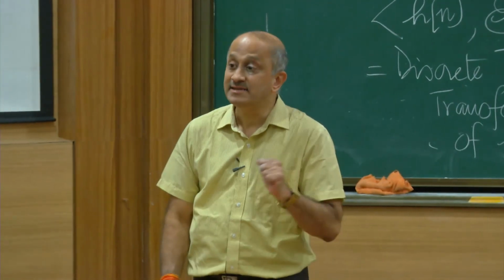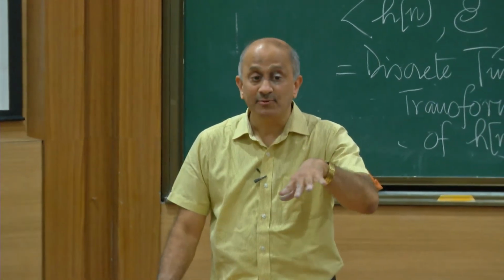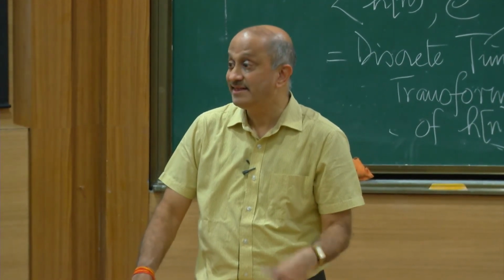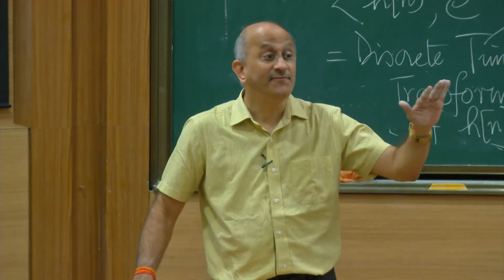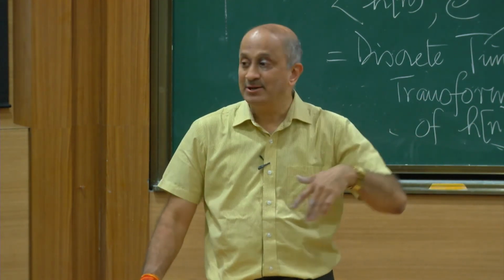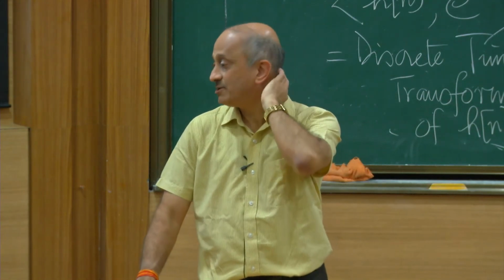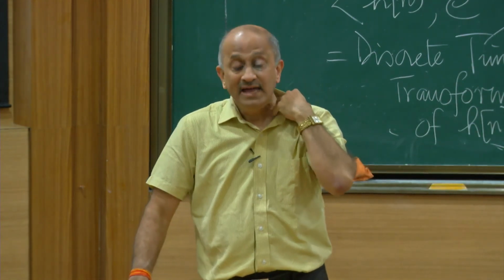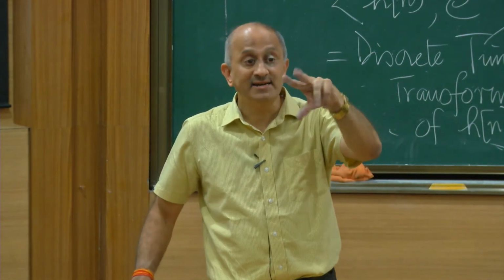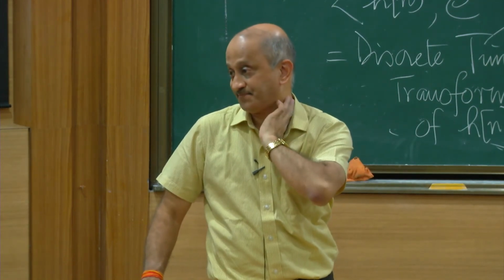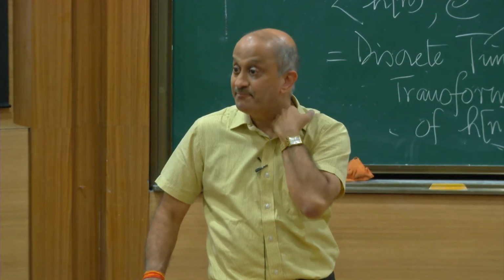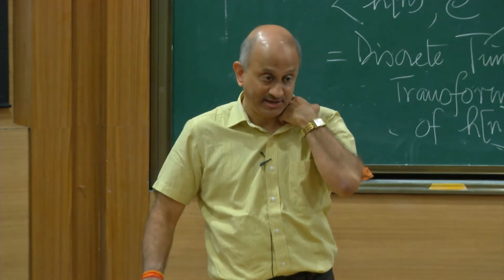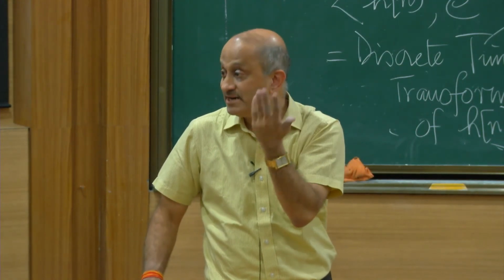Now what is the physical interpretation? When you take an inner product, what are you really doing? Now many of you might also be aware of physics. When you take a dot product of one vector with another, what does it give you? If you take a dot product of a vector with a unit vector in a certain direction, it gives you the projection of that vector in that direction, or the component of that vector in that direction.